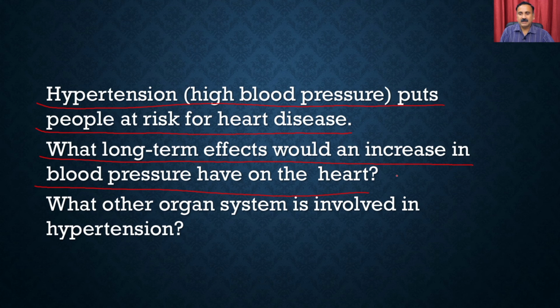Apart from the heart, it also affects other organs like the kidney and the liver. So if a person develops high blood pressure, it affects not only the heart, but also the kidney, liver, and other organs as well.